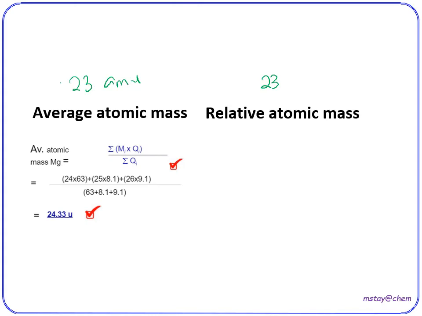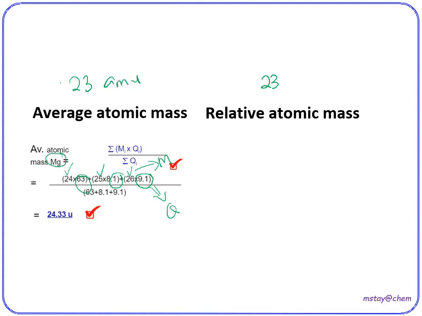When we look at this formula, why do we have three numbers here? It is because magnesium has three isotopes. These are the masses for isotopes magnesium 24, magnesium 25, and magnesium 26, while 63, 8.1, and 9.1 are the abundances, the Q. This is the mass, and then we divide by the quantity, so we get the average atomic mass.